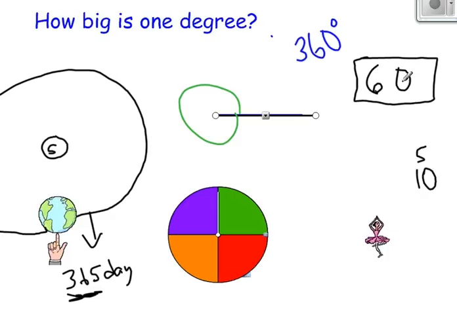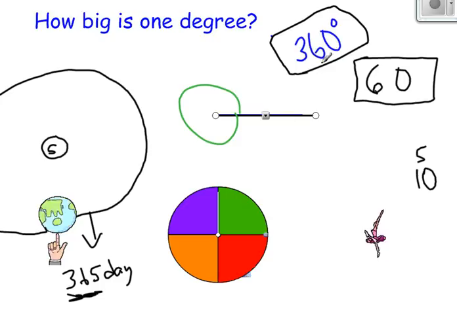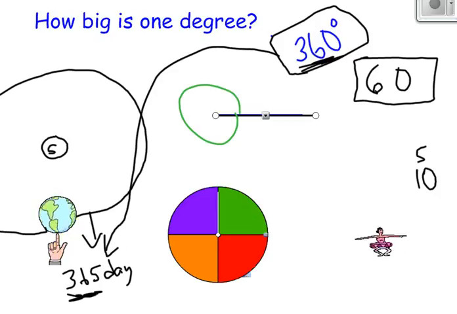And if you love the number 60, then this number here is a pretty nice number. So maybe, this is what the theory is, maybe these Babylonians who loved the number 60 and knew that there were 365 days in a year kind of combined those ideas together to give us 360 degrees in a full revolution. Well, we'll never know for sure, and you certainly don't have to know all of this interesting history stuff.